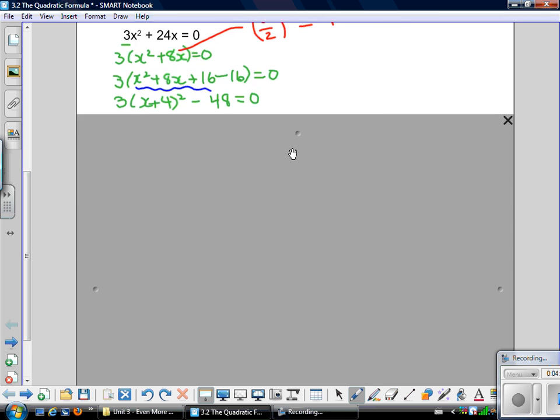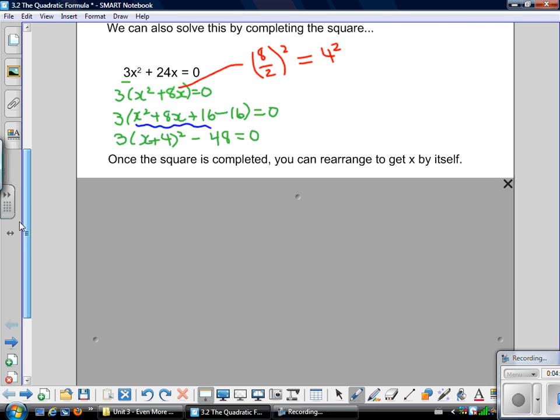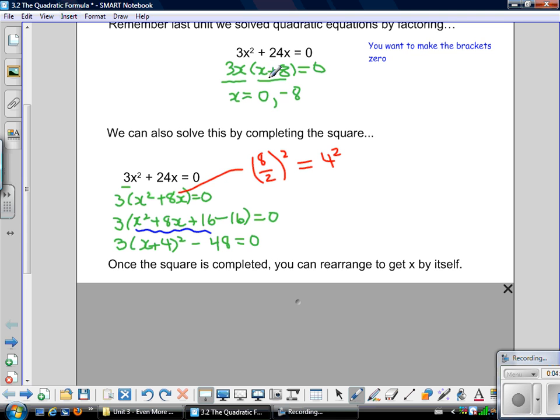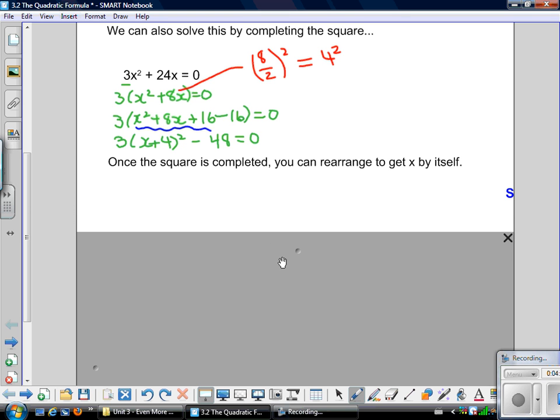Once the square is completed, you can rearrange to get x by itself. Remember, that's what we were doing up here too. We got x by itself to solve for x. Here it's going to be a little bit harder. So I'm just going to take our equation: 3 bracket x plus 4 squared minus 48.